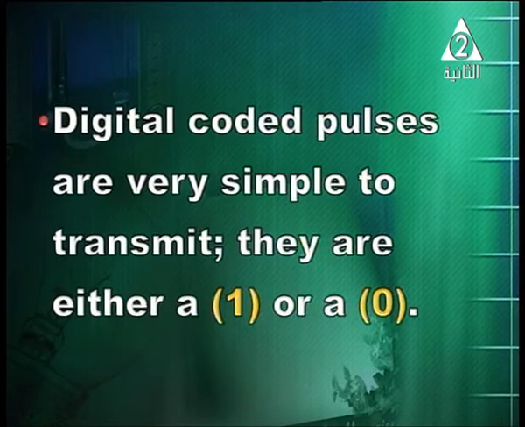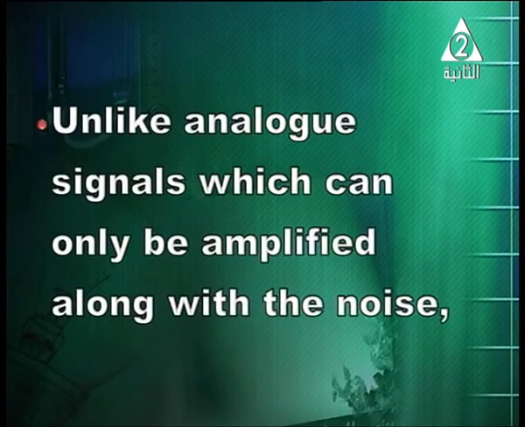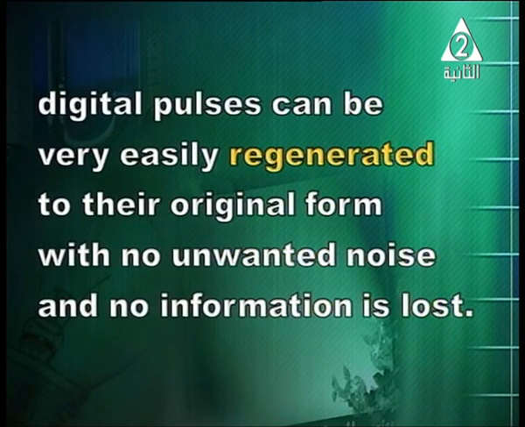They are either a 1 or a 0, high voltage or low voltage, unlike analog signals, which can only be amplified along with the noises. Digital pulses can be very easily regenerated to their original form with no unwanted noise and no information is lost.